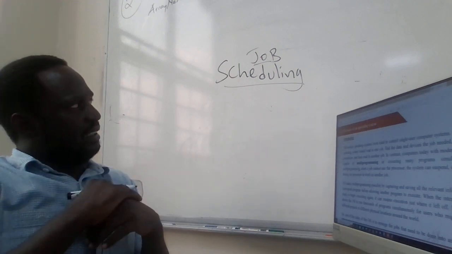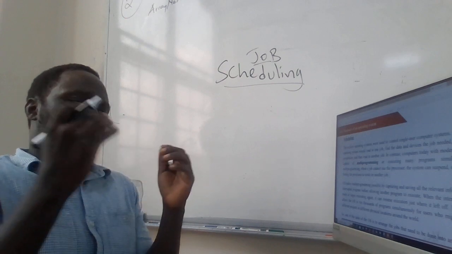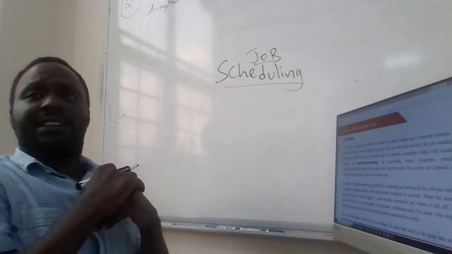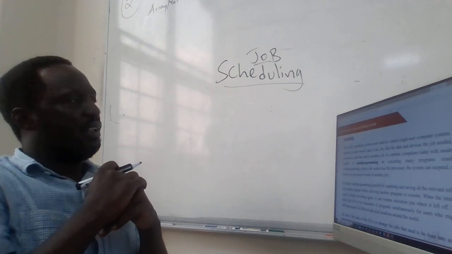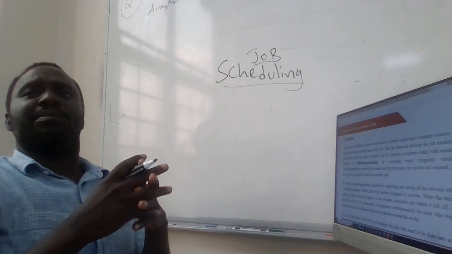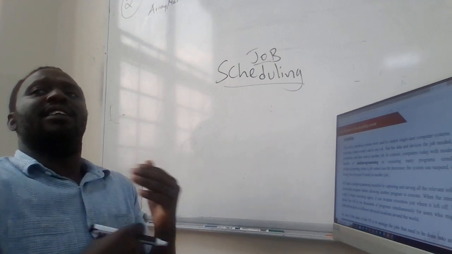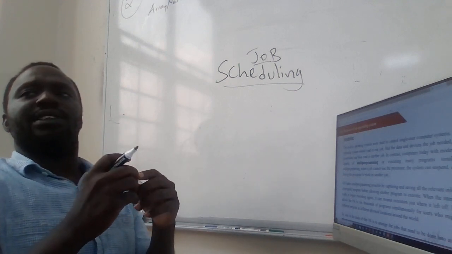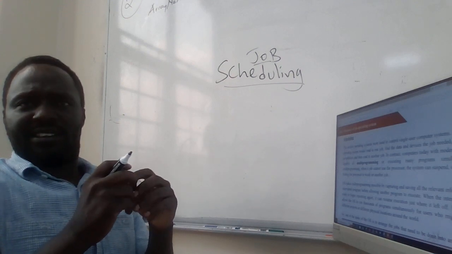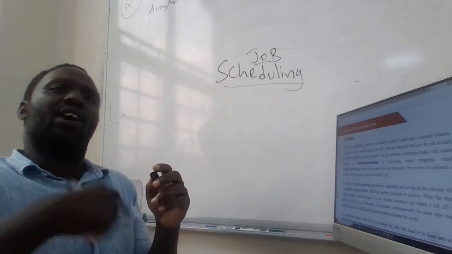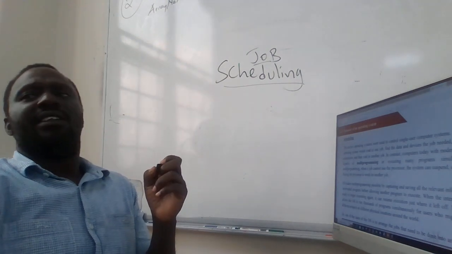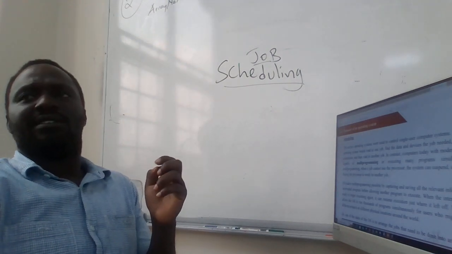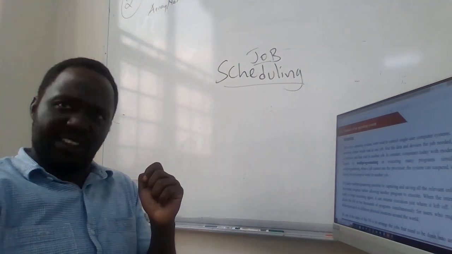Arranging. Now, job scheduling, if you combine it together, this basically looks at how the operating system arranges the jobs or the tasks in the order in which they should be performed or processed.